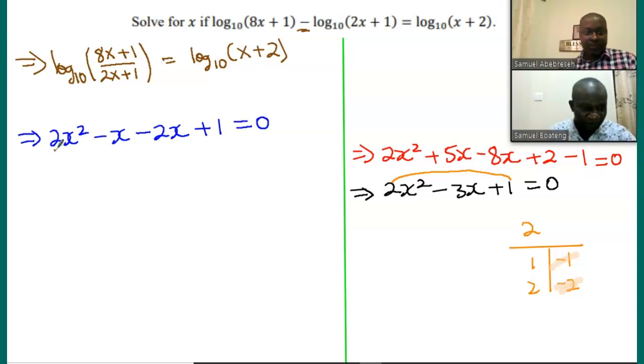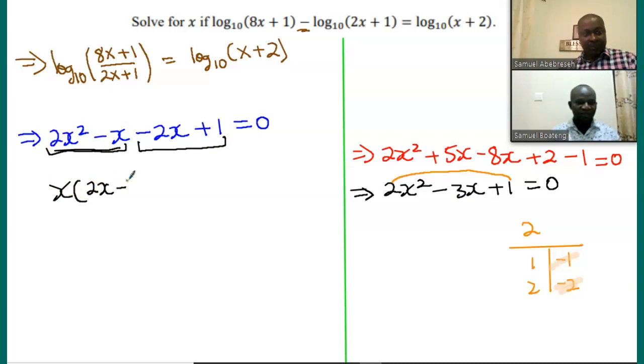So we have x out, 2x minus 1, then minus 1 out, bracket open, 2x minus 1.